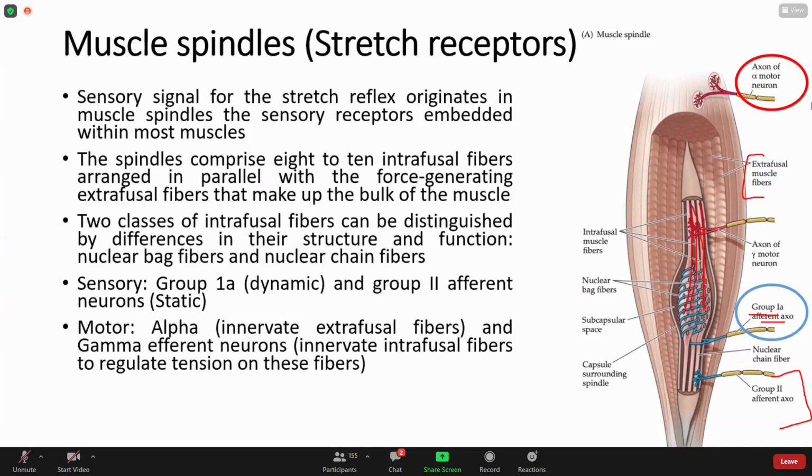Very good. And in terms of the functionality, what's the difference? What do they detect? Yes, very good.